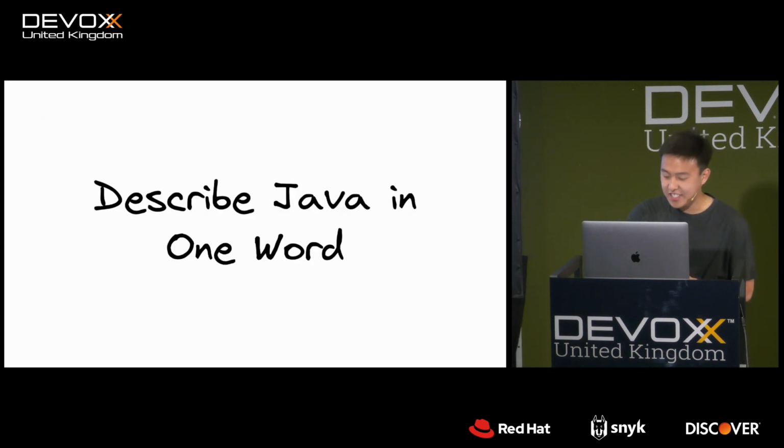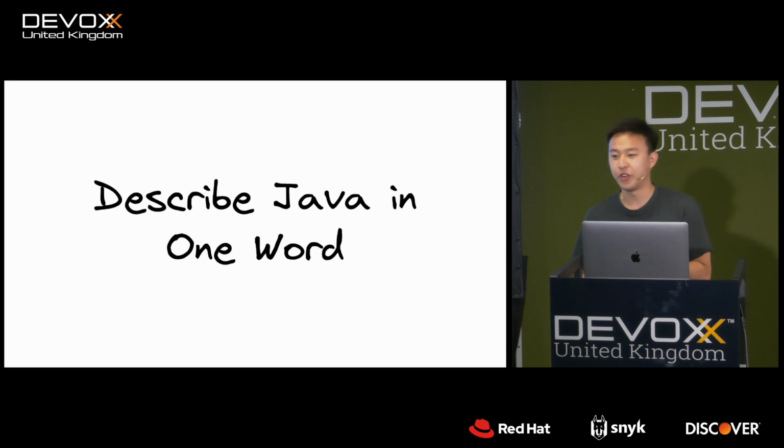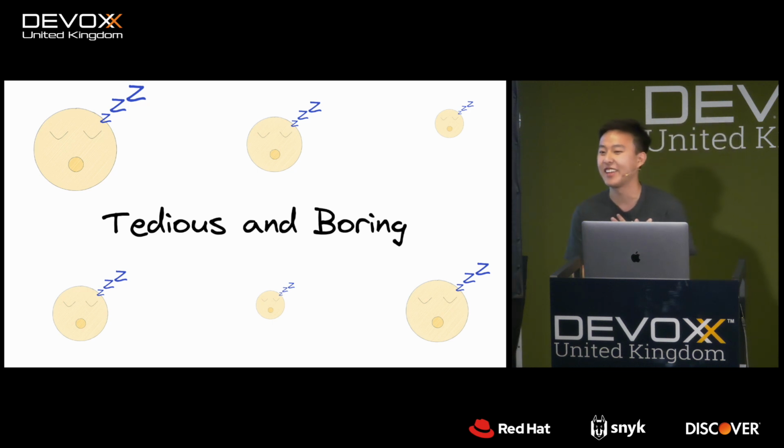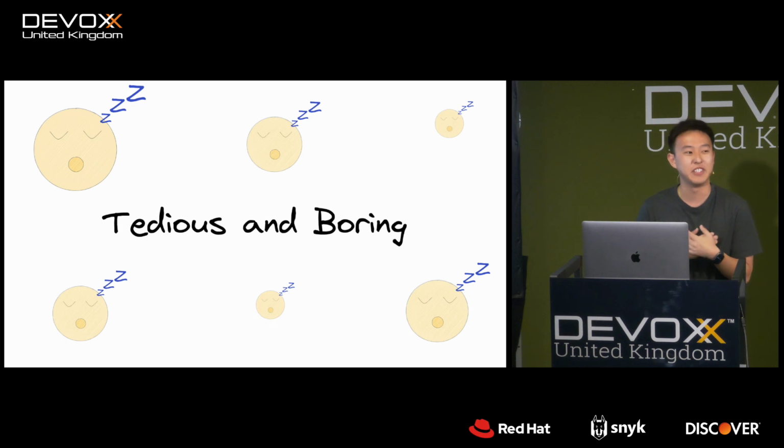And I also asked them to describe Java in one word. I grouped the answers into groups, and I'll just share with you what they said. The first and most common one was, Java is tedious and boring. Now, I'm a little bit hurt by this statement because I think Java is one of the most fun languages to use.